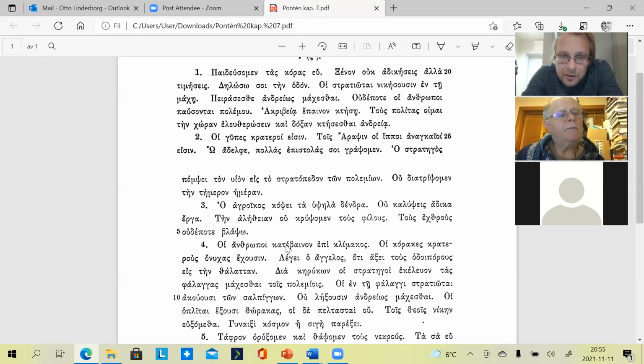And then we have this augment here, which gives away that it's an imperfect form, together with the present stem.